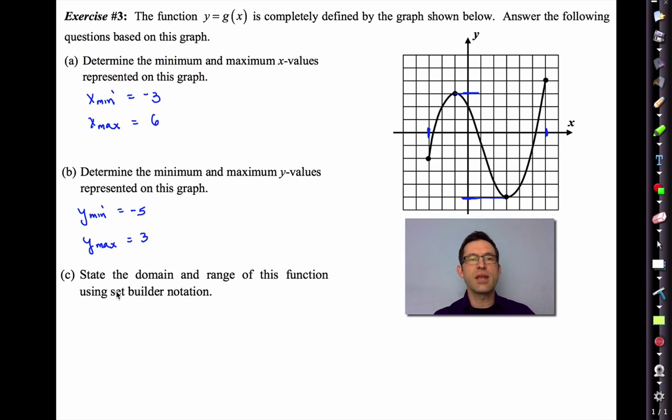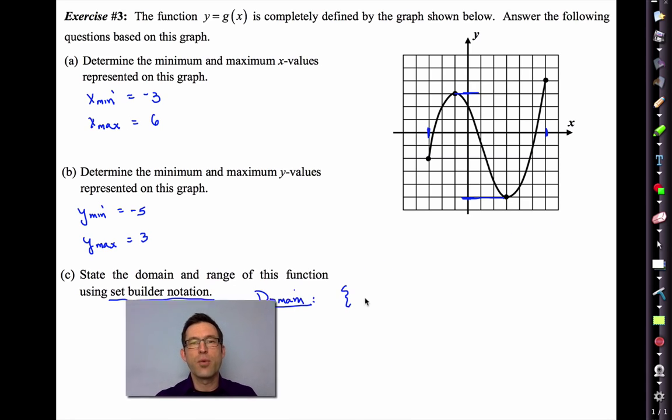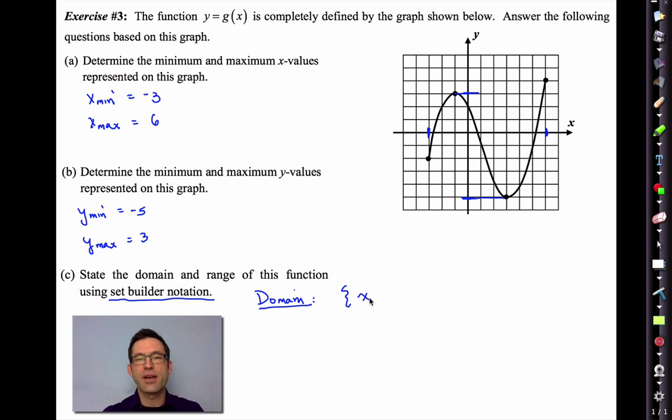Now letter C says state the domain and range of this function using set builder notation. Let me show you how that looks. Well, there's no way to do this in roster form now because there's too many x and y values. But we can say, well, the domain is all values of x such that x is greater than or equal to -3 while being less than or equal to 6.